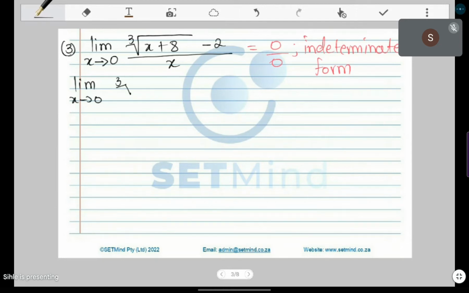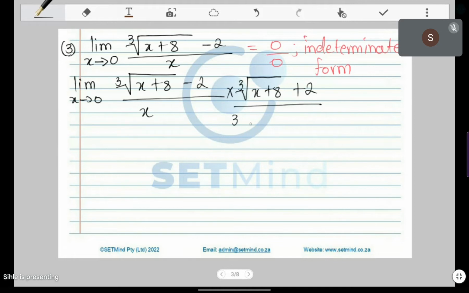So I have cube root of x plus 8 minus 2 over x. I'm going to multiply by cube root of x plus 8 plus 2, over cube root of x plus 8 plus 2.